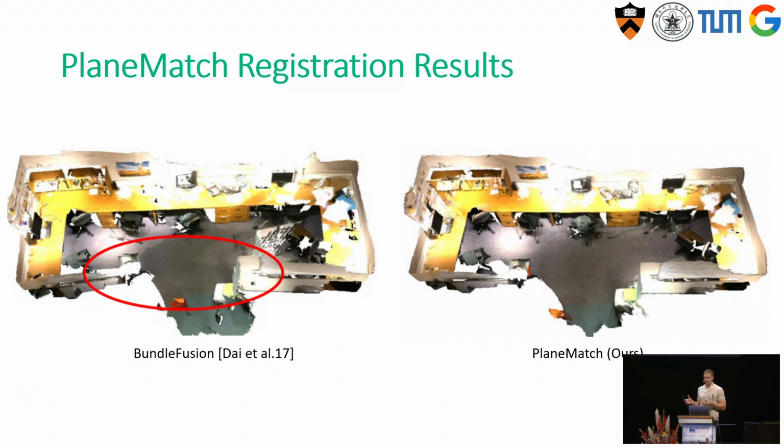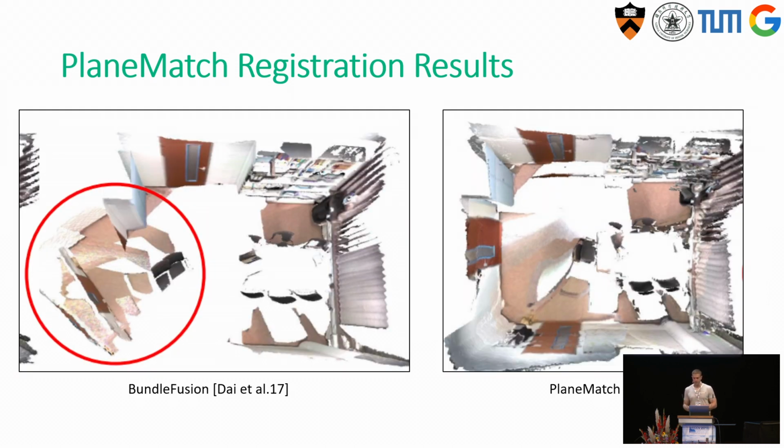So key point descriptors can't establish matches here. Whereas on the right-hand side, we see that our planar-based descriptor is actually able to establish matches and get a very straight wall here. And there's a couple of other examples, such as here, where bundle fusion doesn't find enough matches. But if we add the planar descriptor, we're actually doing pretty well here. But of course, we don't want to just visually evaluate it.